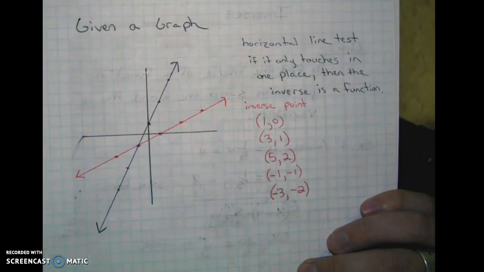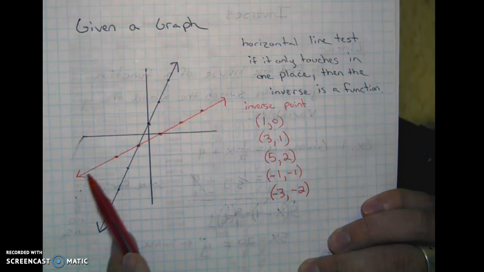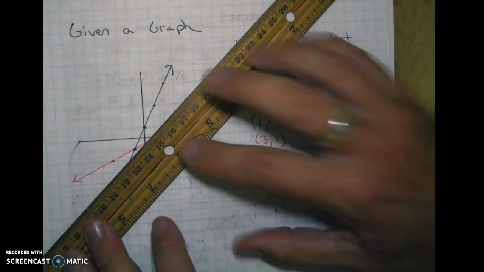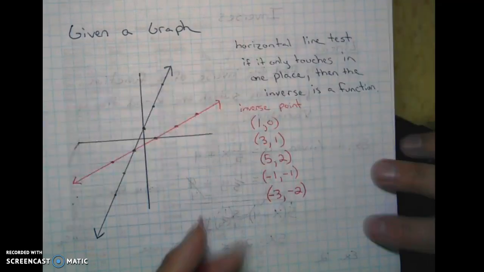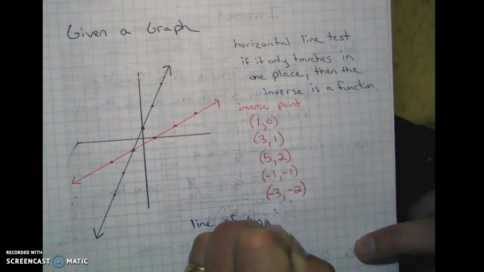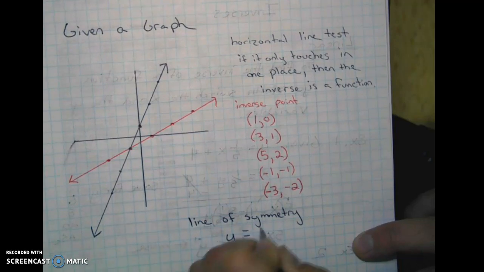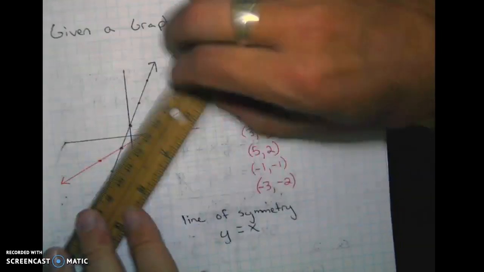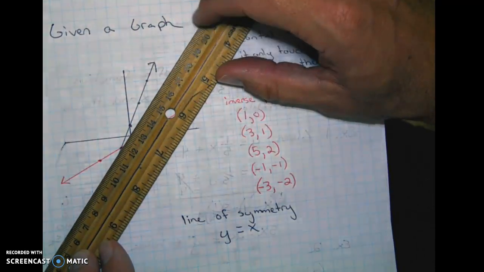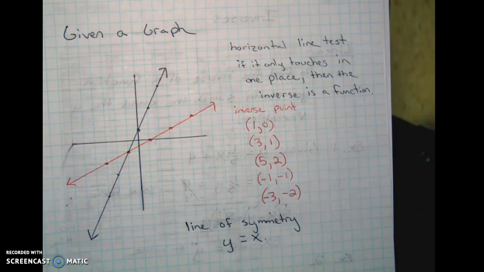Now, another interesting relationship between the original function and the inverse is that the axis of symmetry, or the line of symmetry, will be y equals x.